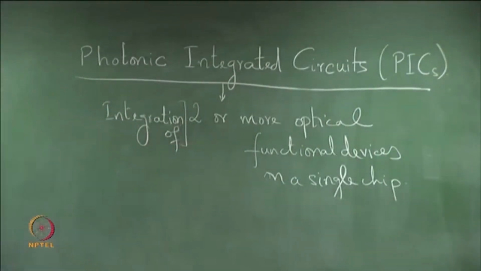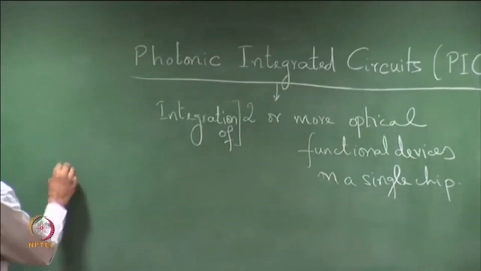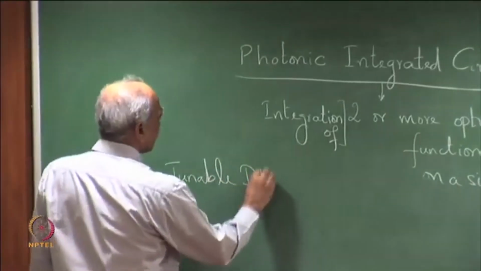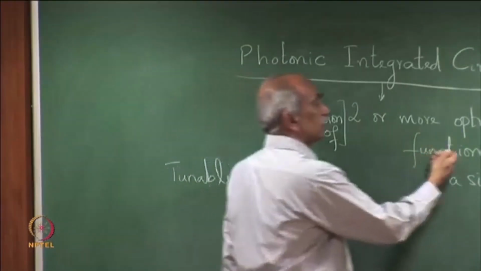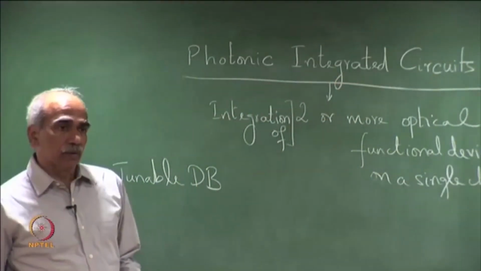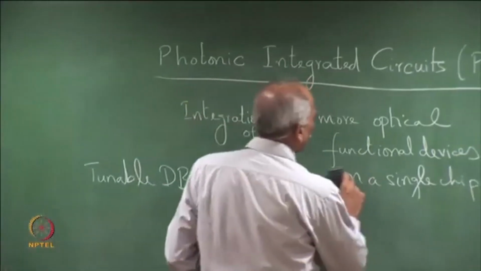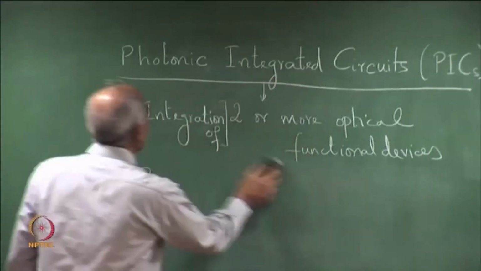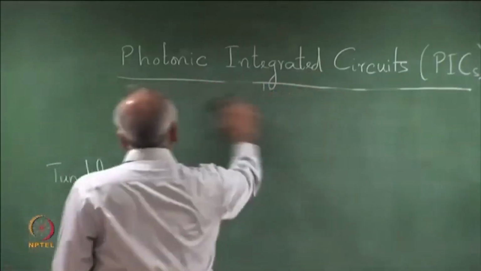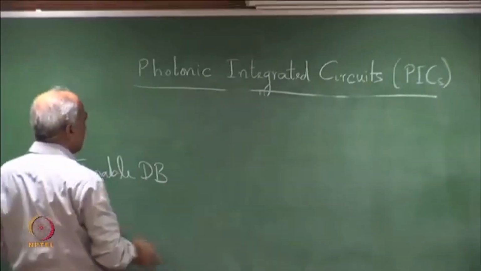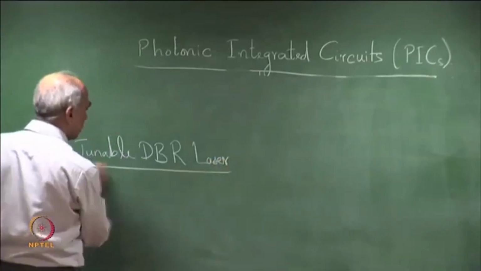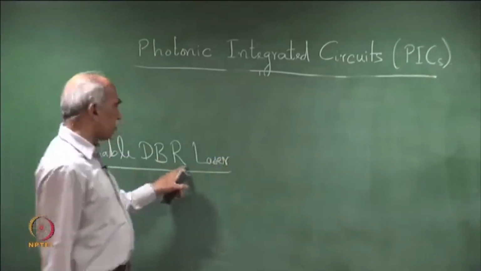A simple example, so let me pick up a simple example of a tunable DBR laser, because the functional devices could be passive devices or active devices. So, let me pick up this tunable DBR. We have already discussed the distributed Bragg reflector laser.